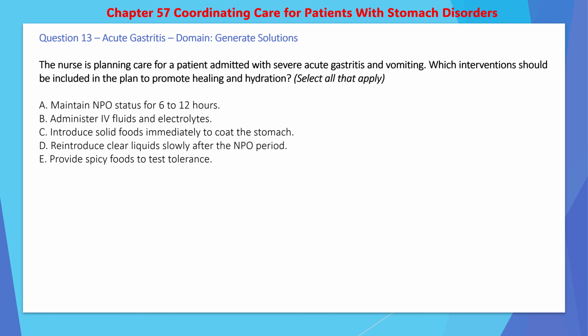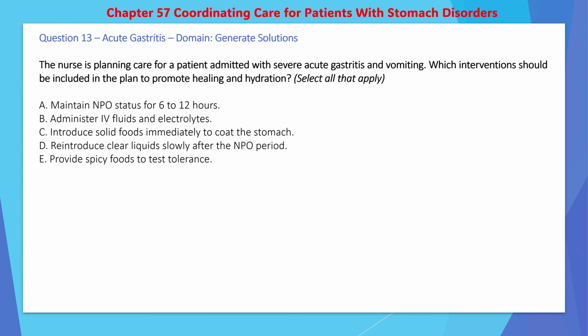Question 13, acute gastritis, domain: generate solutions. The nurse is planning care for a patient admitted with severe acute gastritis and vomiting. Which interventions should be included in the plan to promote healing and hydration? Select all that apply.